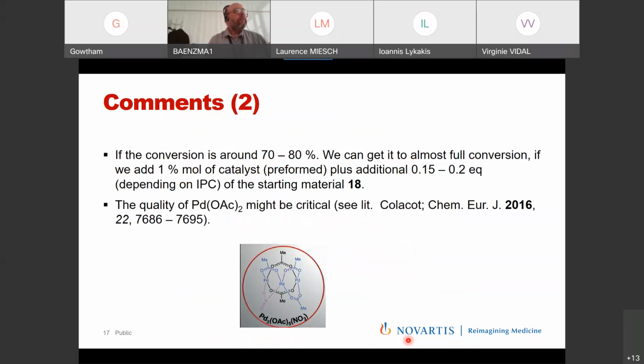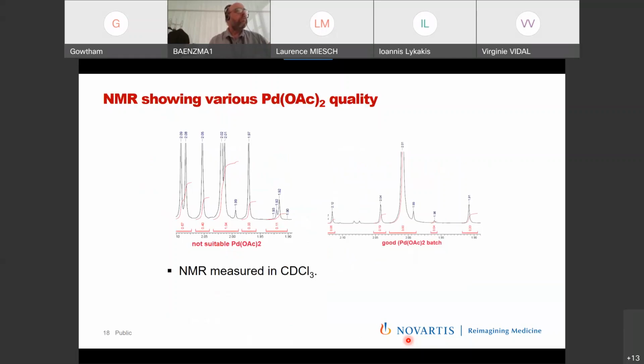We also found that the quality of the palladium acetate is critical. There is literature from authors at Johnson Matthey; Colacott here is an example. He made a study of palladium acetate, and he recommended running NMR of palladium acetate in dichloromethane.